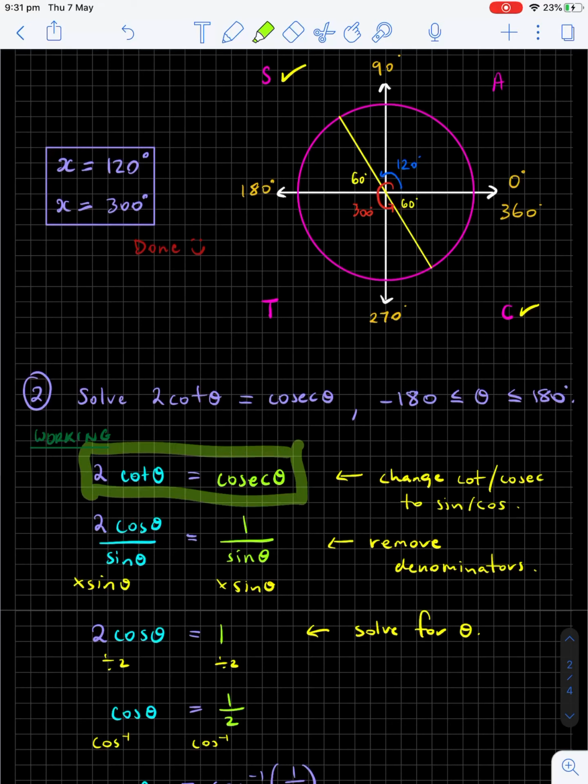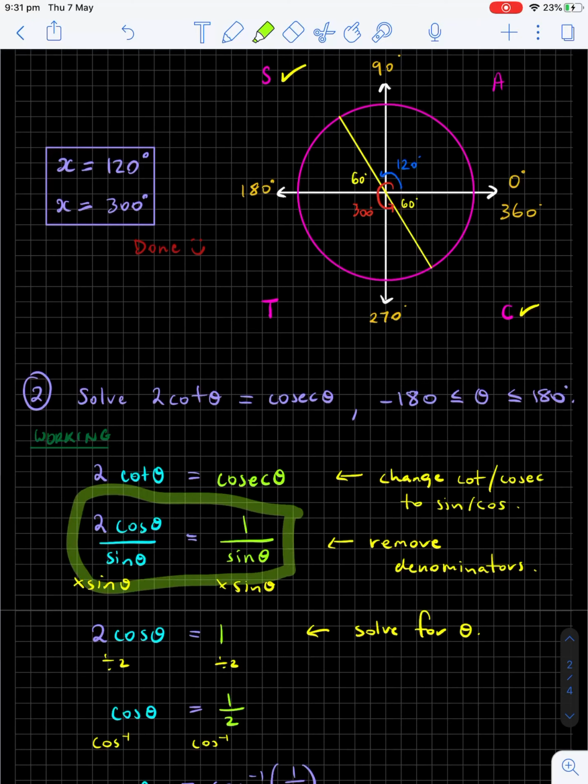So we've got to think to ourselves, how do we make it so there's only one trig ratio? Well, a good practice is to change these things into sines and coses. Cot is the same as cos over sine. Notice the 2 stays on top. Cosec is 1 over sine. So you get this situation here.